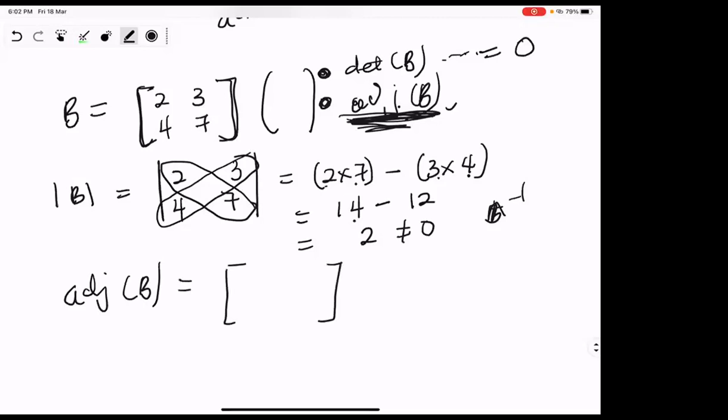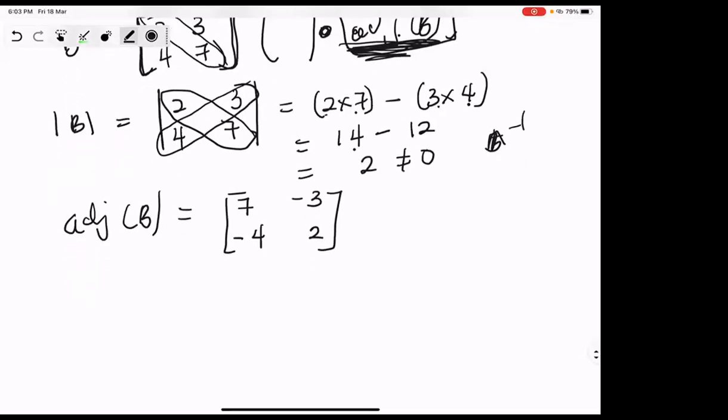Because it's a 2 by 2 matrix, we simply swap the positions of members on the leading diagonal. Instead of the leading diagonal reading 2, 7, in the adjoint form it reads 7, 2. Then the other components we negate: minus 3, minus 4. So now we know the two entities involved in the inverse of the matrix, the determinant and the adjoint.